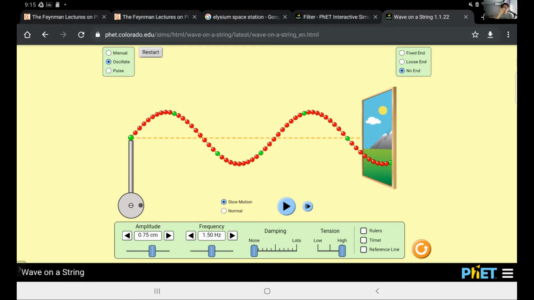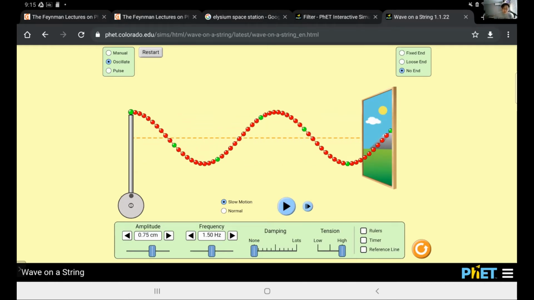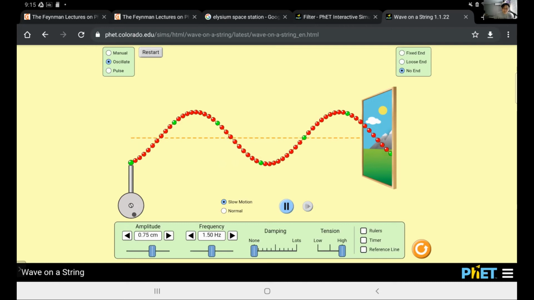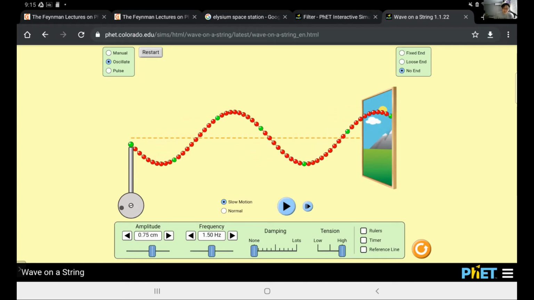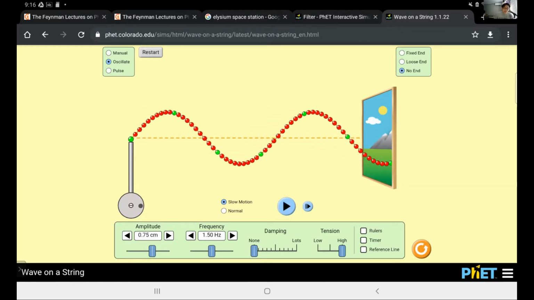Now I'm going to move it in time one bit at a time, and all you can see is that you translate this curve to the right. So actually, the wave that you see is nothing more than a traveling sinusoidal wave moving to the right. Very nicely. I hope you see this.